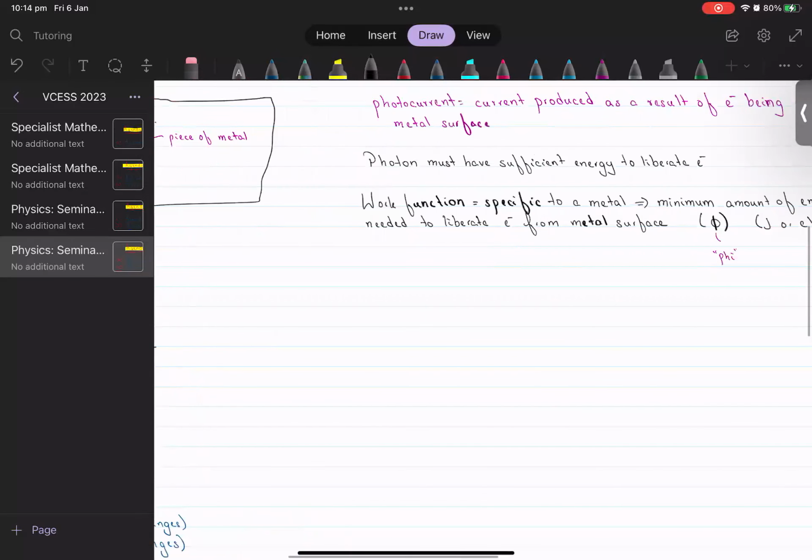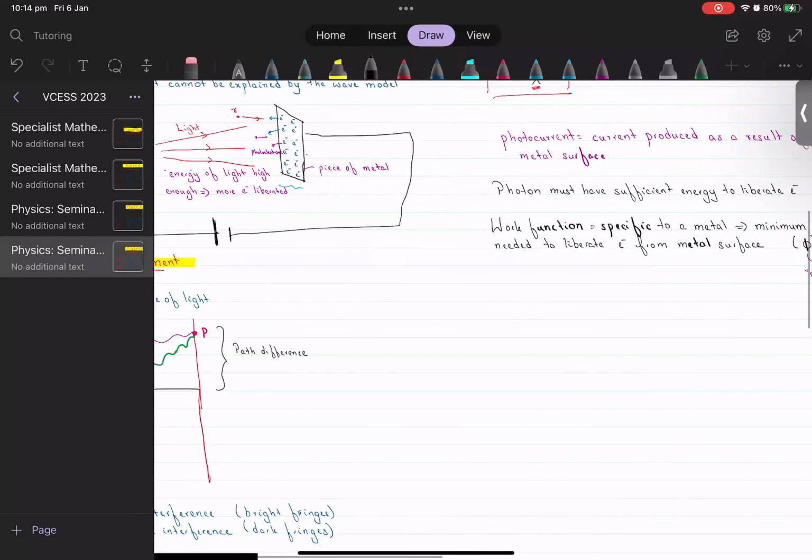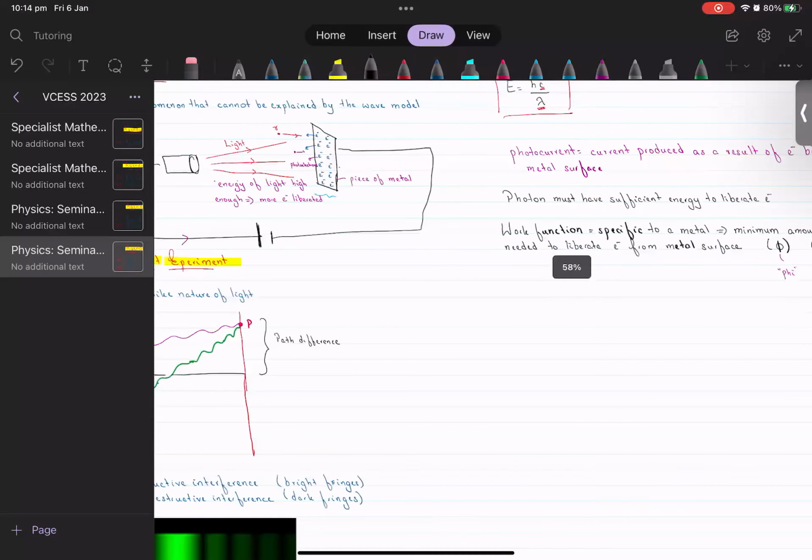So if the photon energy is greater than the work function, then you're going to have a photoelectron emitted. If not, then nothing happens, and we have a boring experiment.